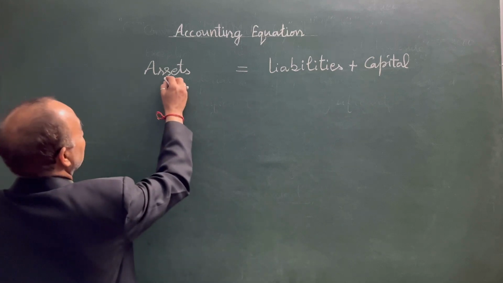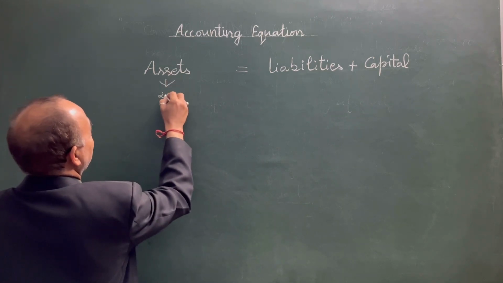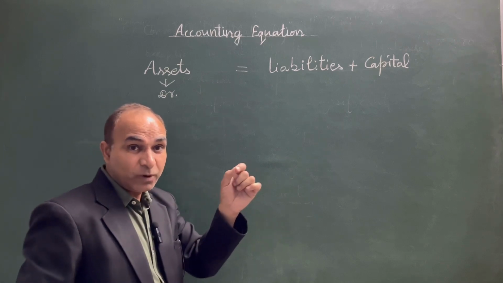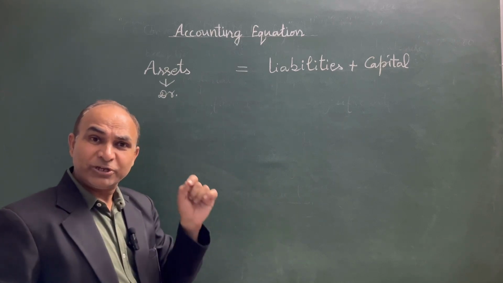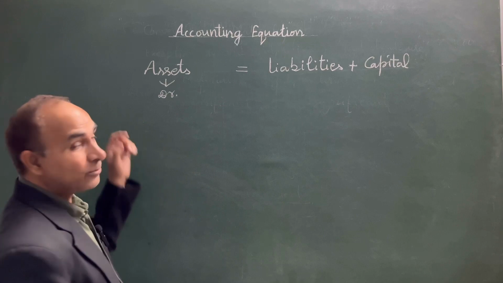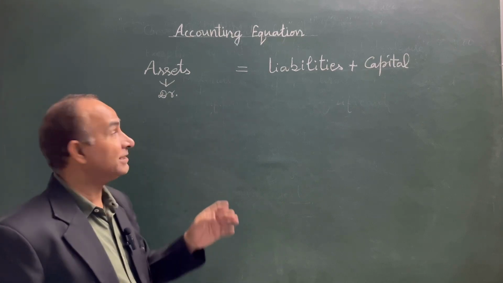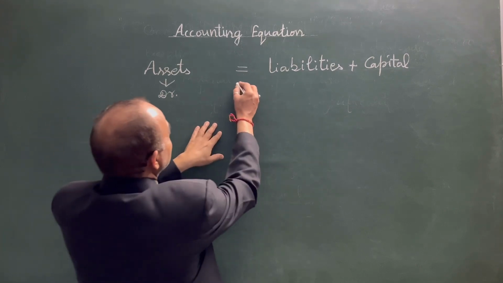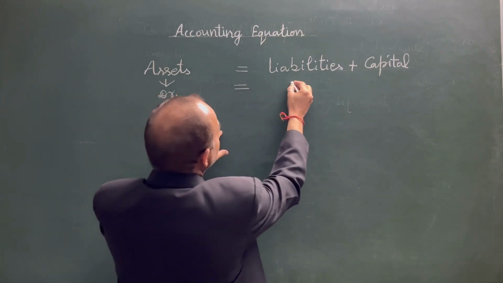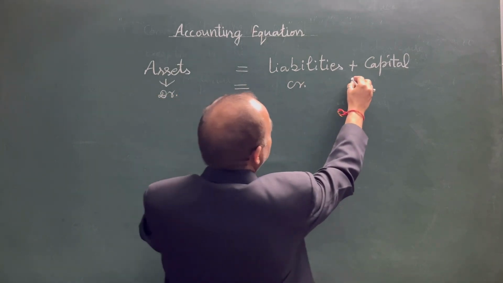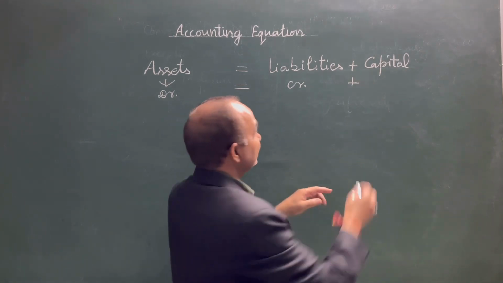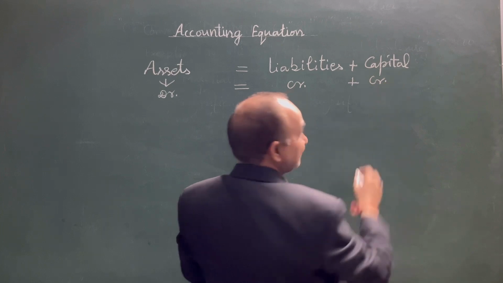Assets always show the debit balance, because whenever the assets are purchased and acquired into the business, according to the rules of debit and credit, assets are debited, and liabilities, whenever any liability arises, these are credited, and capital, whenever funds are invested by the owner into the business, capital is credited.